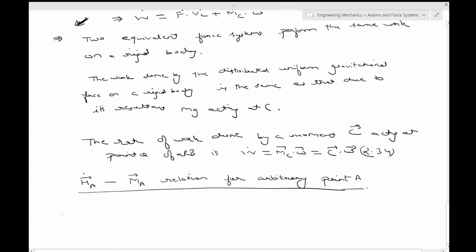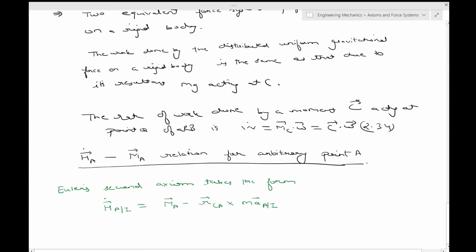Okay, so Euler's second axiom takes the form MA minus RCA cross MA, okay, for an arbitrary point A.